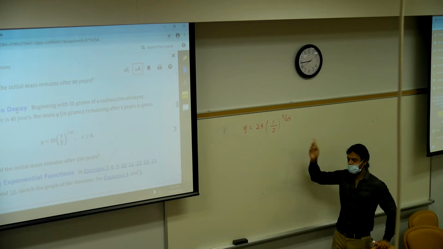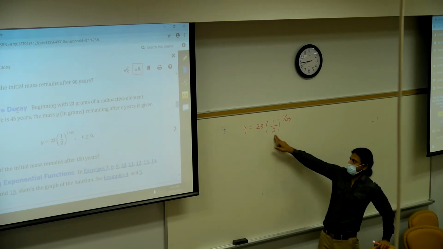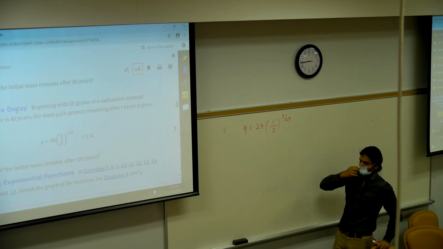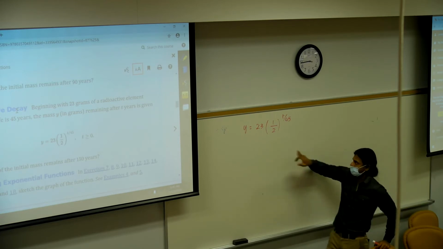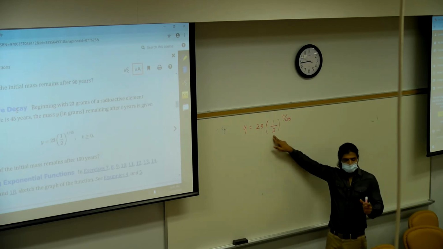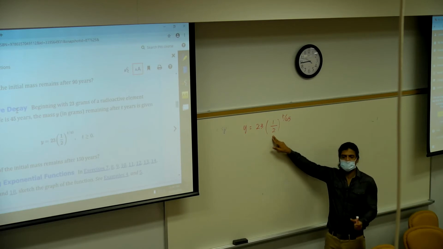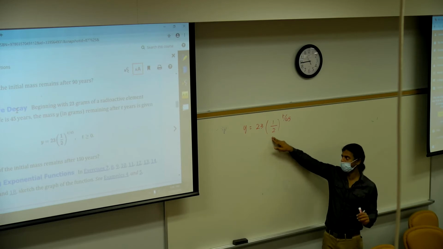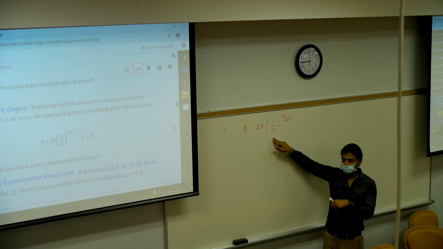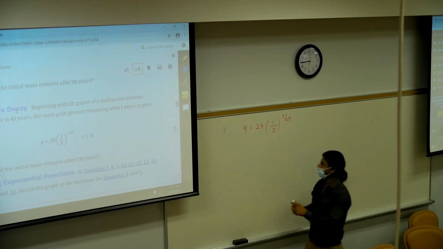Okay. This will be a decay. One way to recognize a decay is to look at the number that is inside the parentheses. If it is between 0 and 1, a fraction, then it would be decay. Otherwise, it would be growth.